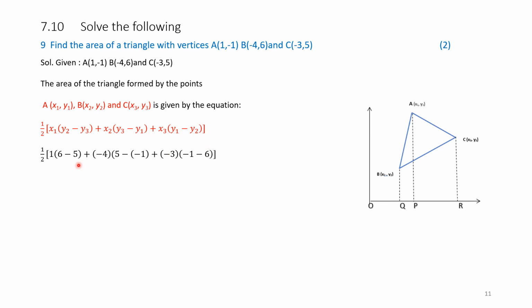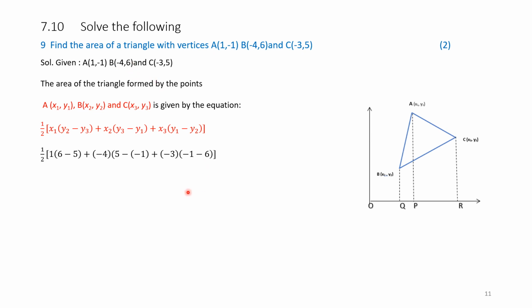Half of x1 is 1 into (y2, 6 minus 5), plus minus 4 into (5 minus of minus 1), plus minus 3, that is x3, minus 3 into (minus 1 minus 6).